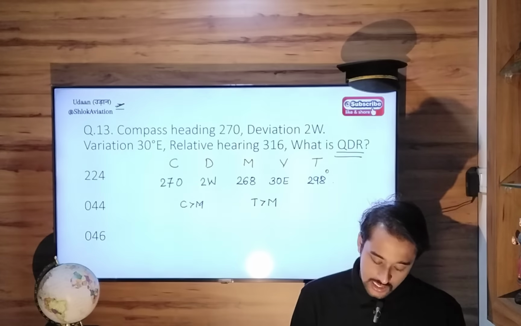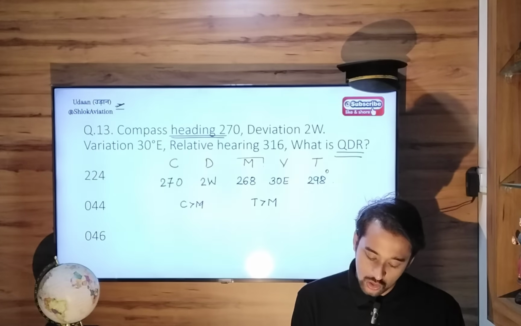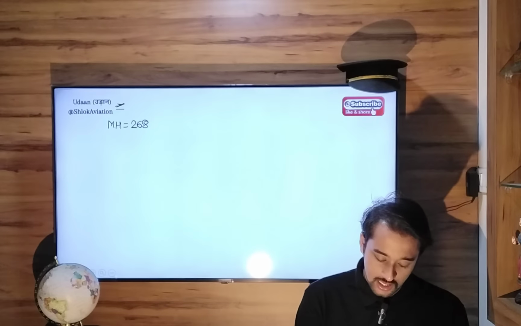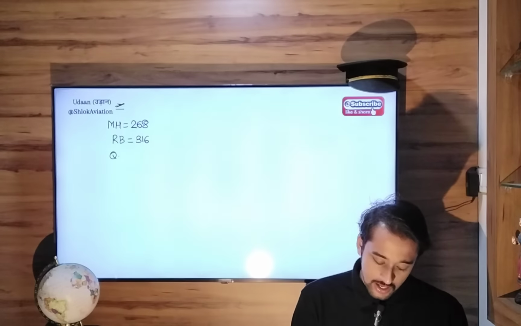Okay. Compass heading was 270. Magnetic heading is 268. Relative bearing is given as 316. Before finding QDR, let's find QDM.